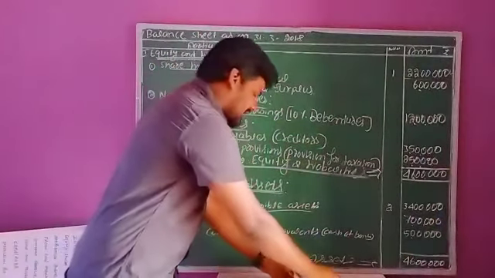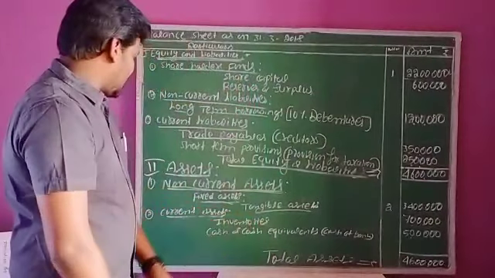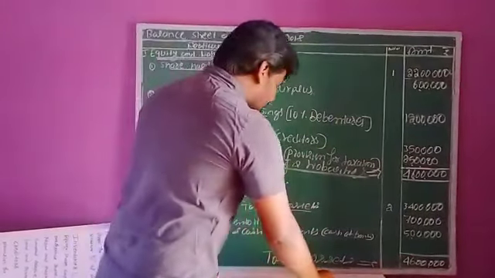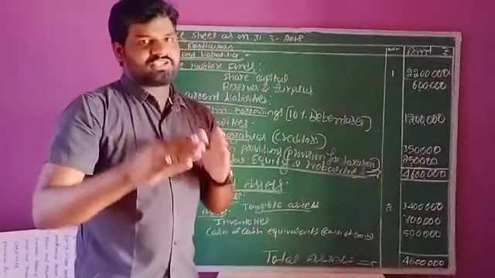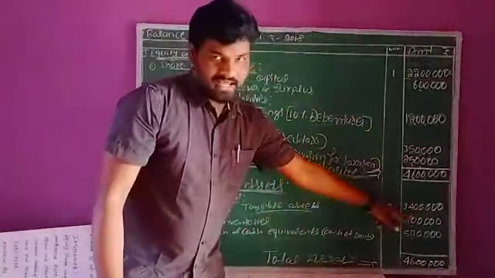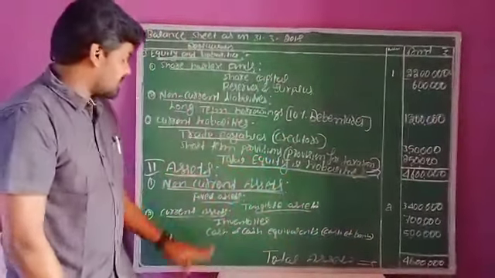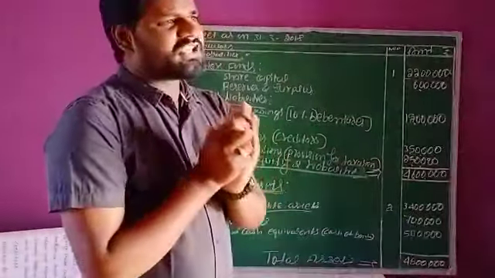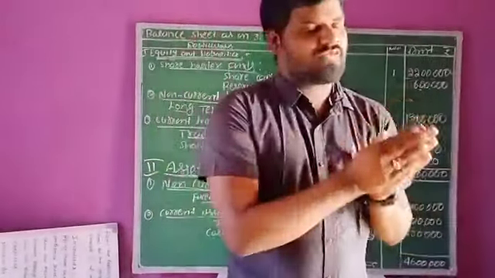The next, second one under the assets, the second headline, current assets, right? Under the current assets they gave inventory. The value of inventories is 7 lakhs rupees. Directly we can record. Inventory means nothing but stock. The next one they gave is cash at bank. Cash at bank means nothing but cash and cash equivalents.